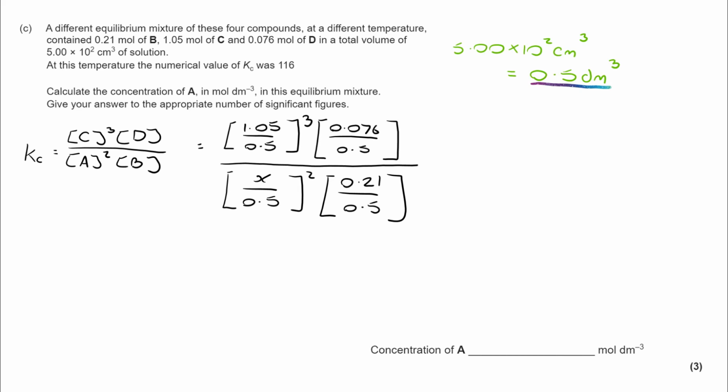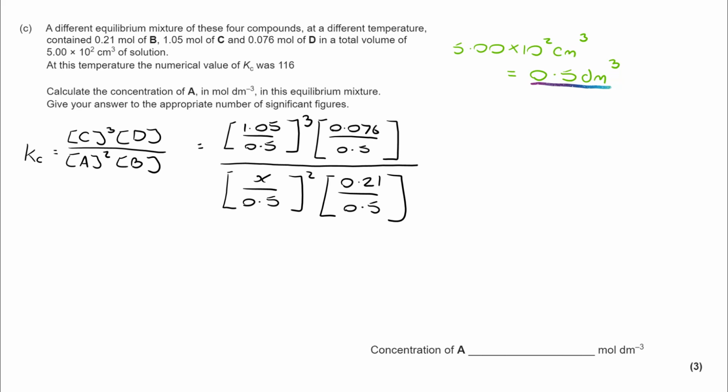At that point, I can put all of my figures in, and you can see the 1.05 moles of B divided by the volume 0.5 to the power of 3, etc. I don't know what my number of moles of A is, so I can't work out the concentration.